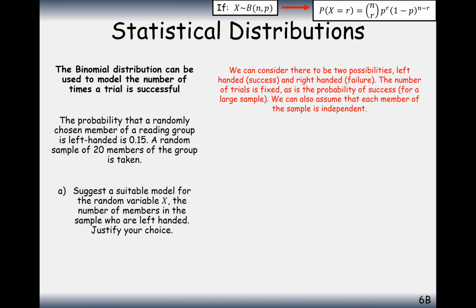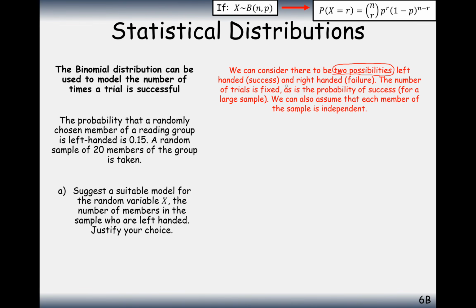So here we can consider there are 2 possibilities, left-handed and right-handed. The number of trials is fixed because we're only choosing 20 people, and we can assume that each member in the sample is independent. So 3 components here. Check that there are 2 possibilities.